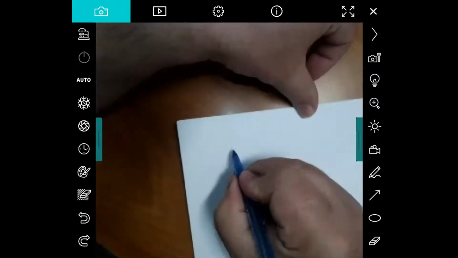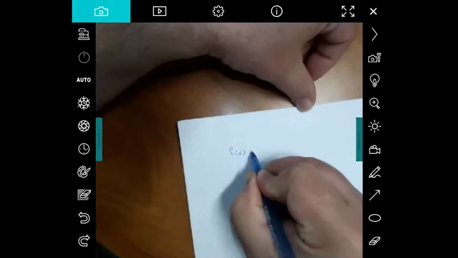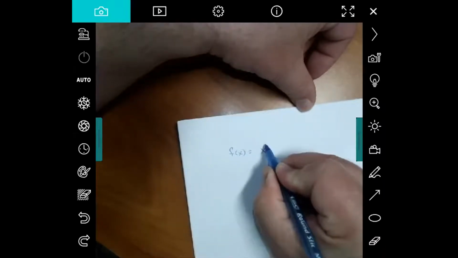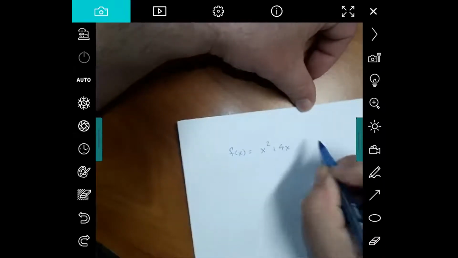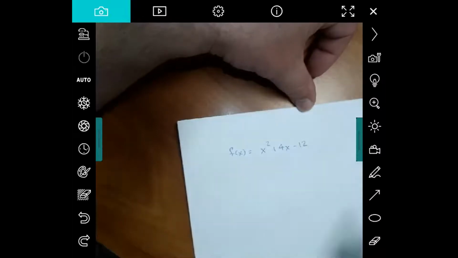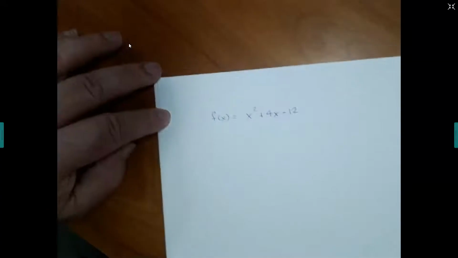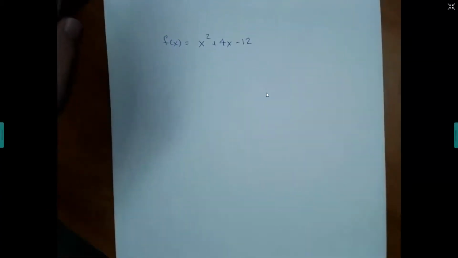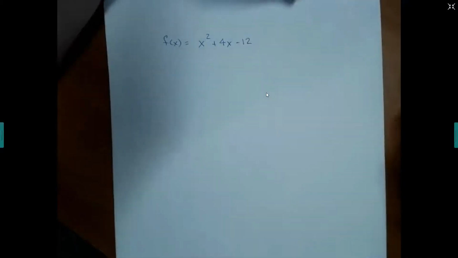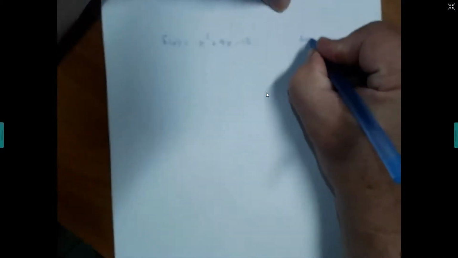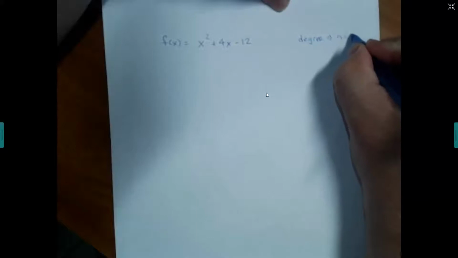Okay, let's graph this one. x squared plus 4x minus 12. Let's go ahead and graph that one. So the degree is 2.